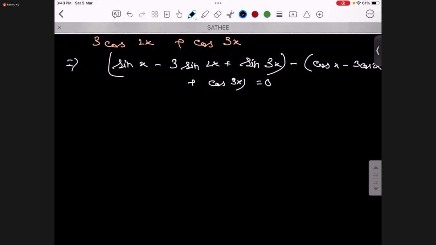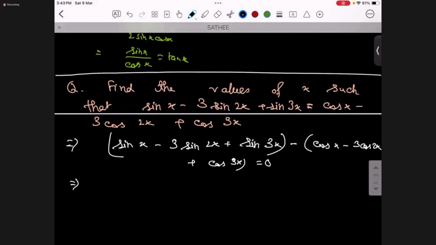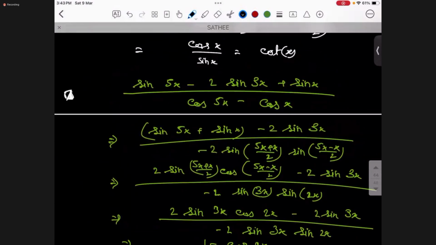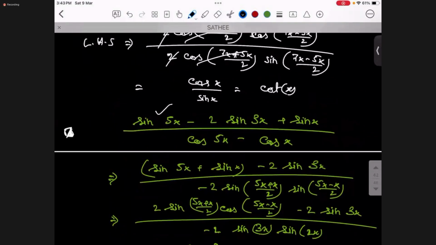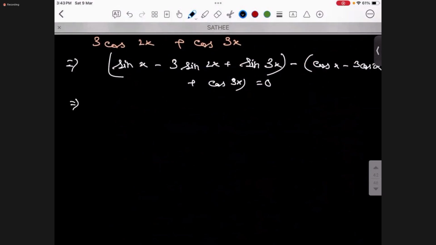Okay. Now, as we have discussed, we take this one and this one, not this one. Similarly, we will take these and apply the formula for sin x plus sin y. So what will we obtain from there?